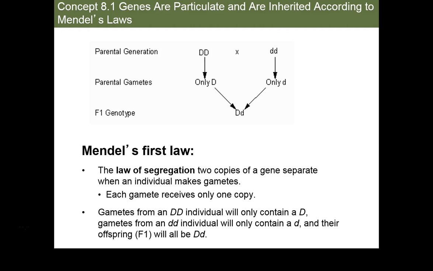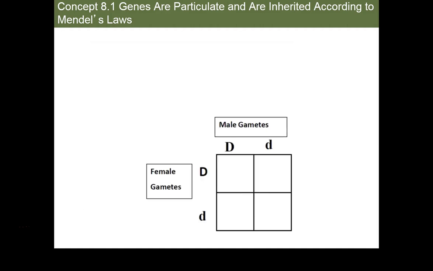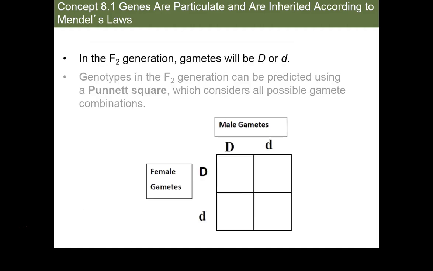If you cross these two individuals together, as you can see here at the top, their offspring in the F1 generation will be big D, little d. The F2 generation will have offspring with big D and little d. So their gametes will be big D and little d.